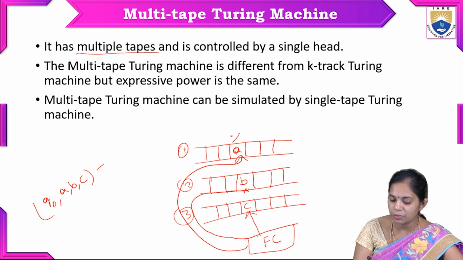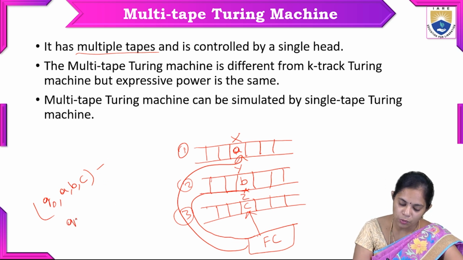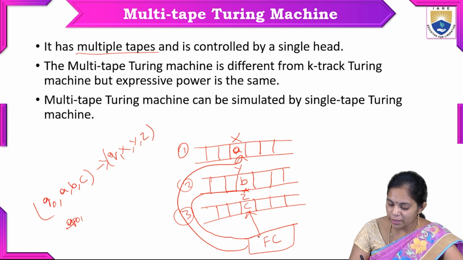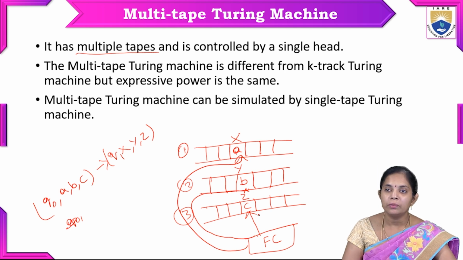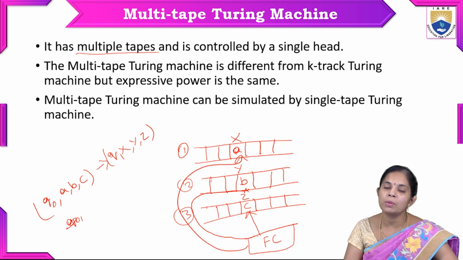A is replaced with X, B is replaced with Y, and C is replaced with Z. So Q naught leads to Q1, another state. After reading, we write the values X, Y, Z. The finite control has control over all the tapes, so at a time we can get the transitions on the multiple tapes.